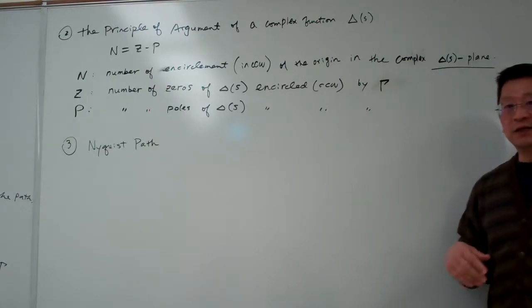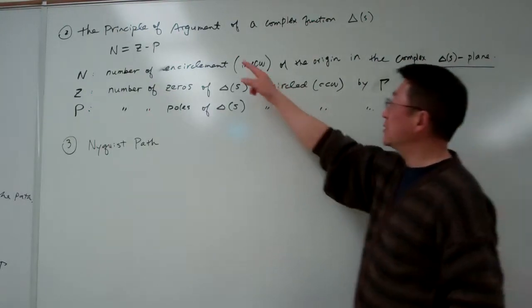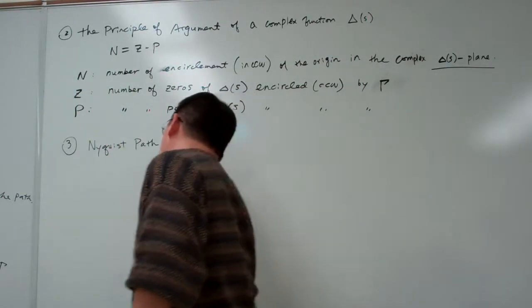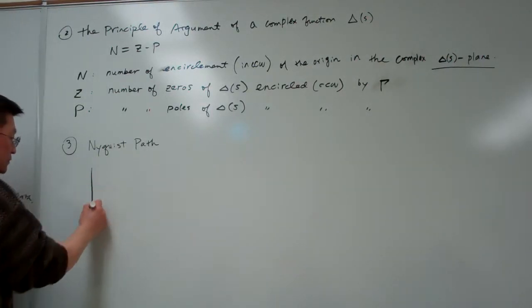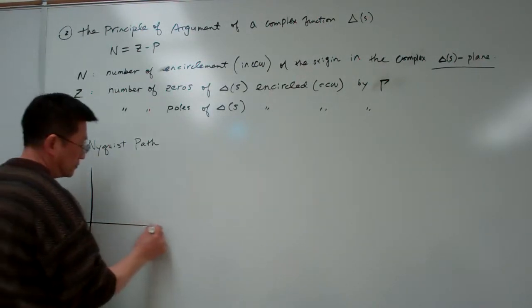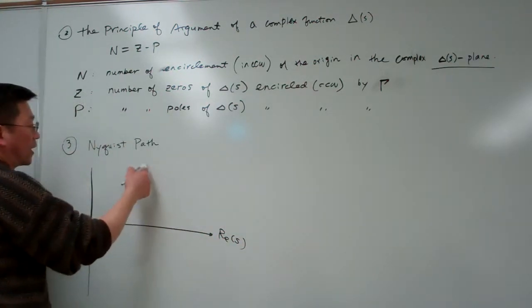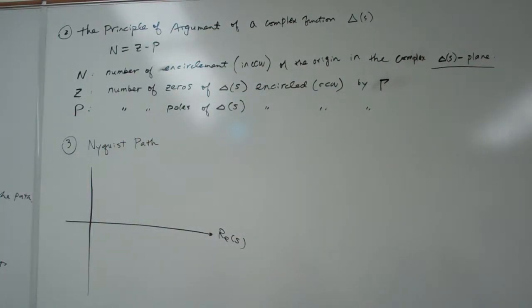The Nyquist path is to get ourselves ready to apply this argument to the Nyquist stability theory. So basically, the Nyquist path is defined by this. The Nyquist path is a special case of such path.